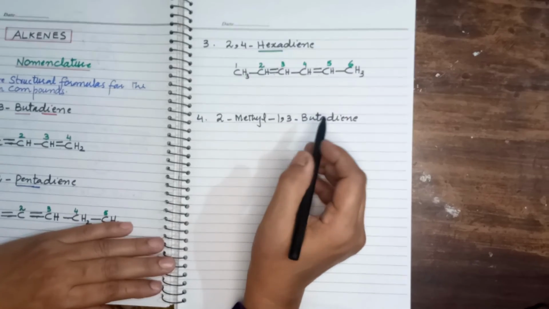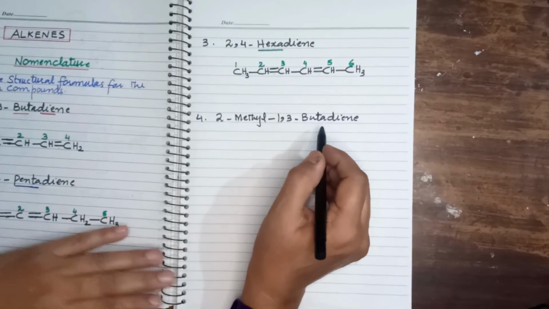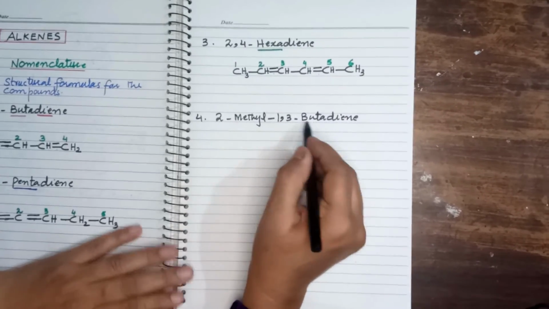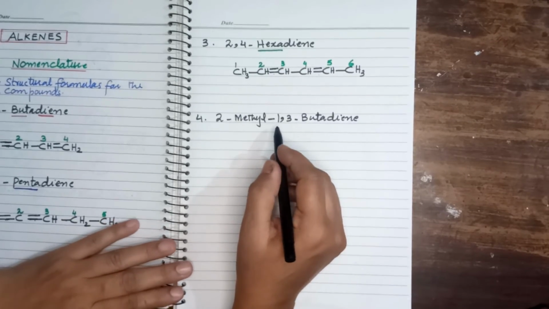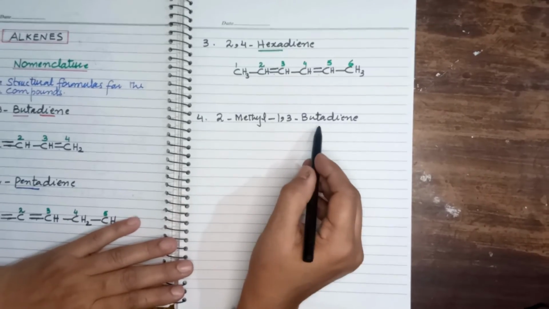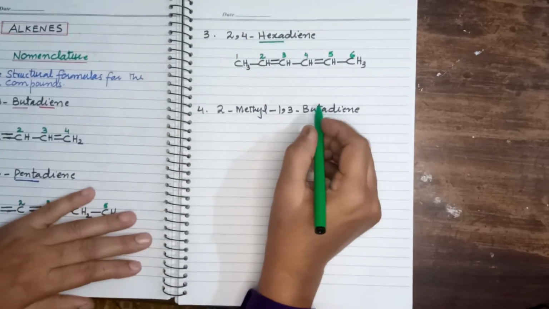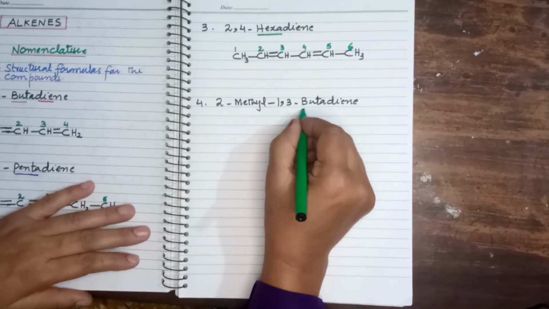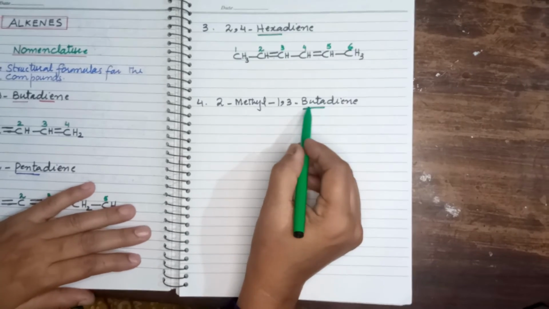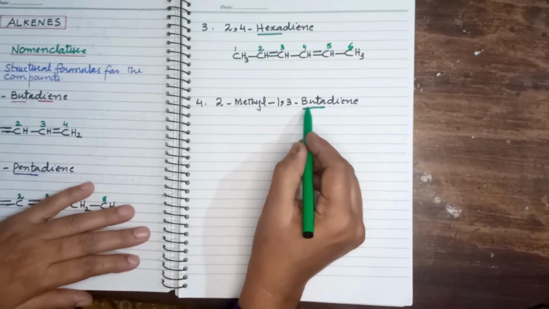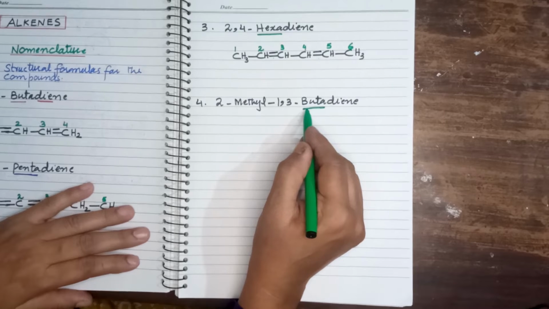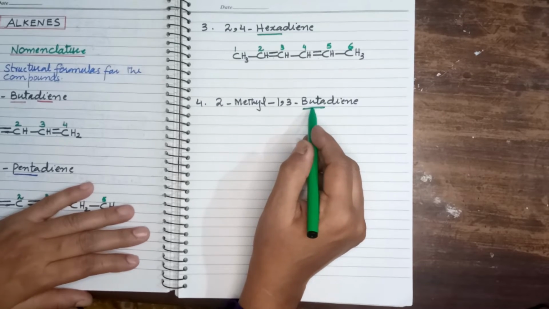This is a molecule, students, right? Now we are going to write the structural formula for this molecule. So let's see how many carbon atoms are there in the parent chain. Buta shows how many carbon atoms there are. Yes, buta means 4, so there are 4 carbon atoms.